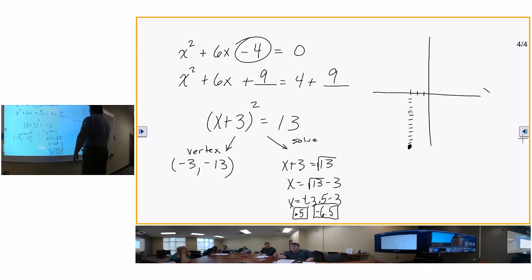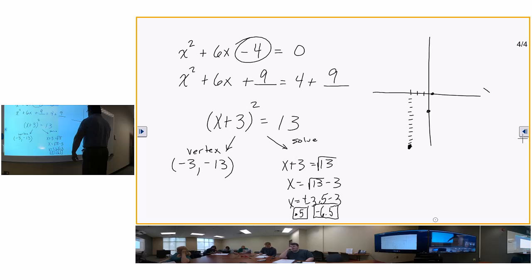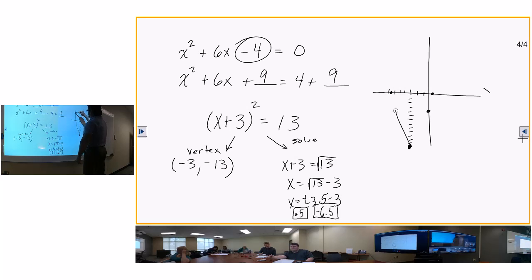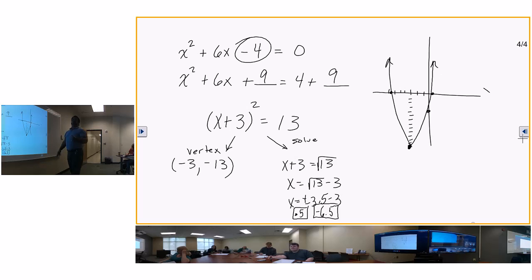We have an x-intercept of 0.5 and another one at negative 6.5. Does it line up? Looks pretty good to me. Now you can find the domain and the range and increasing and decreasing values, which we'll get into when y'all come back Thursday.